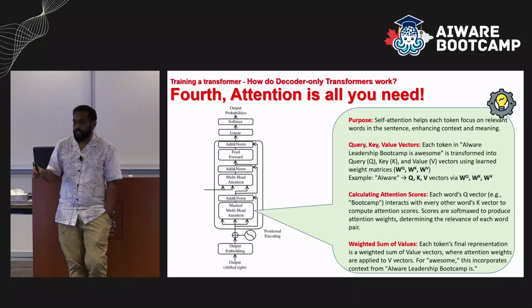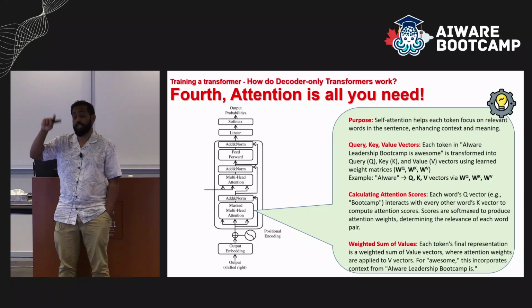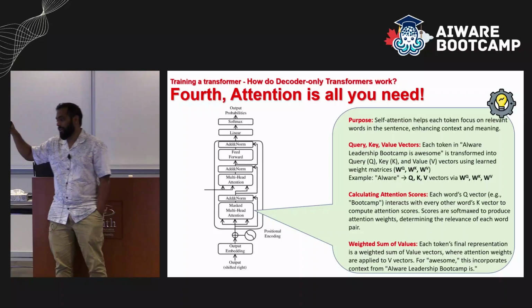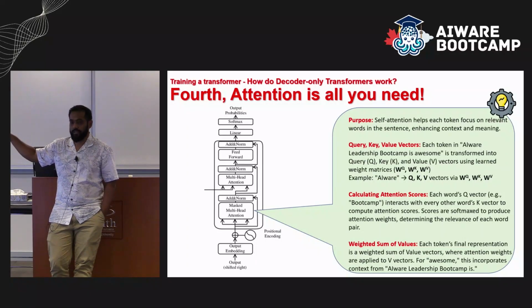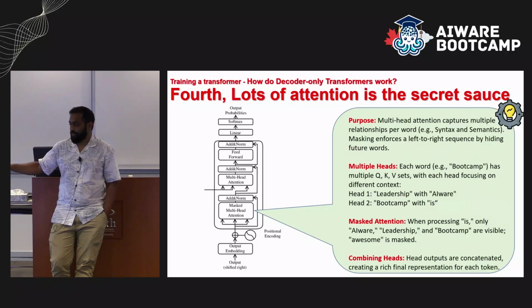To calculate the attention score for each word's query vector, you dot product it with the key vectors of all the other words that are present. And then these scores are softmaxed to get the attention values. And finally, a weighted sum of the token's interaction with all the other tokens is computed. So for awesome, this incorporates the context from all of AIware Leadership Bootcamp.